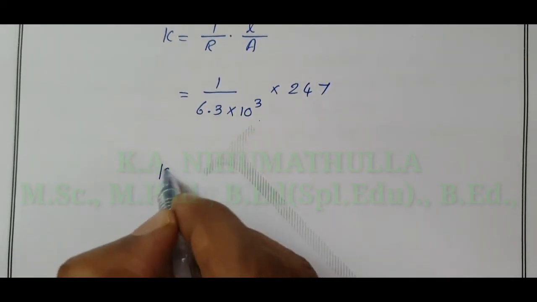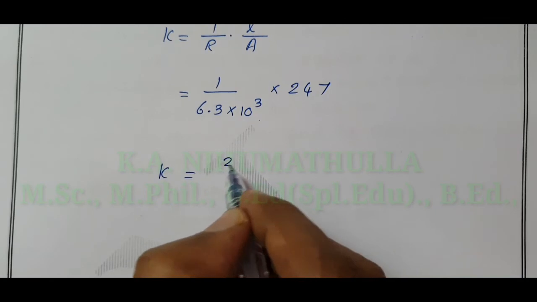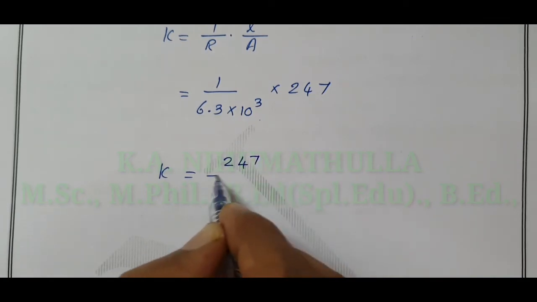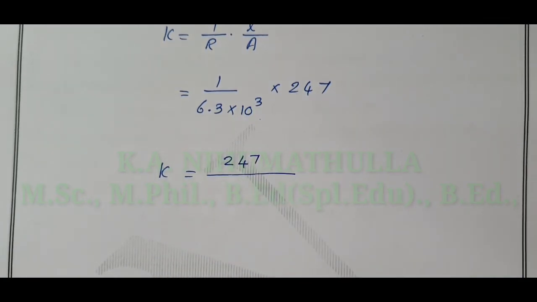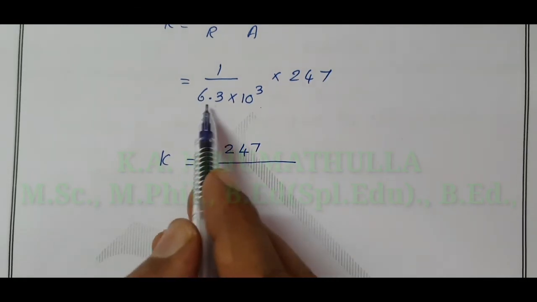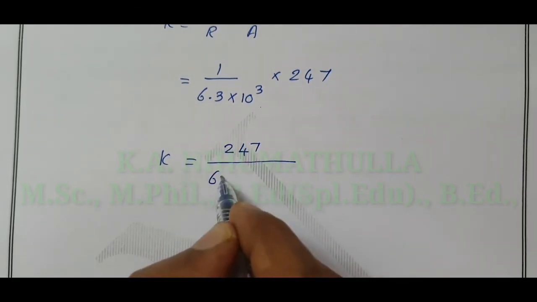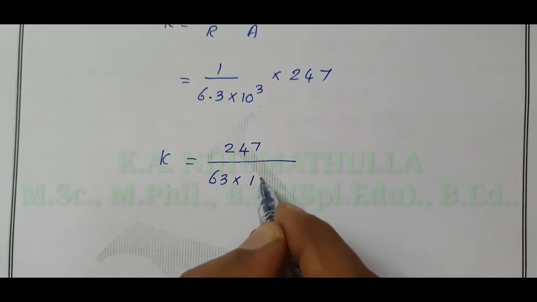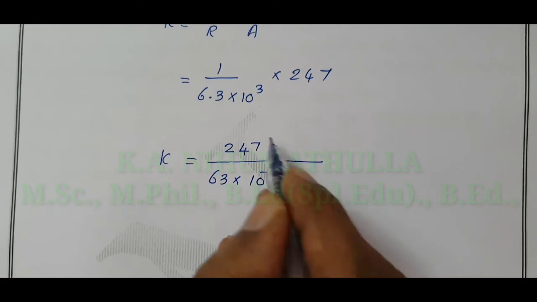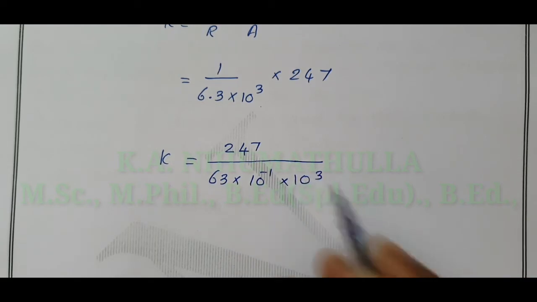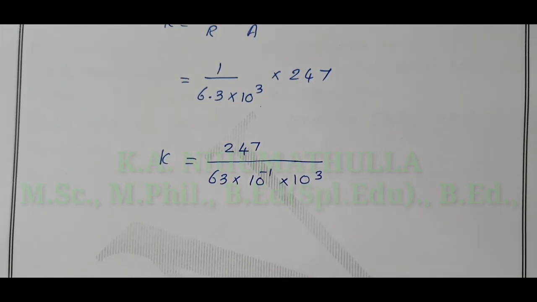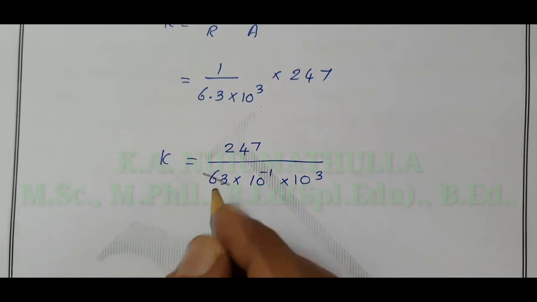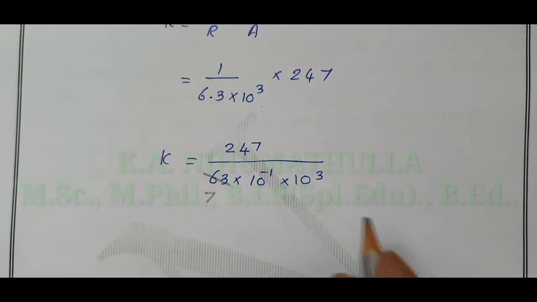Now, kappa is equal to 247 by, now I convert this 6.3 into the whole number 63, so into 10 power minus 1, isn't it? Already we have 10 power 3. Now, I cancel these two quantities. 9 7s are 63.